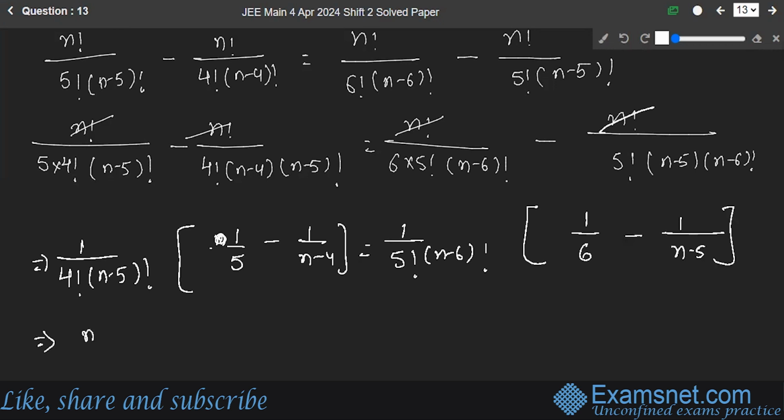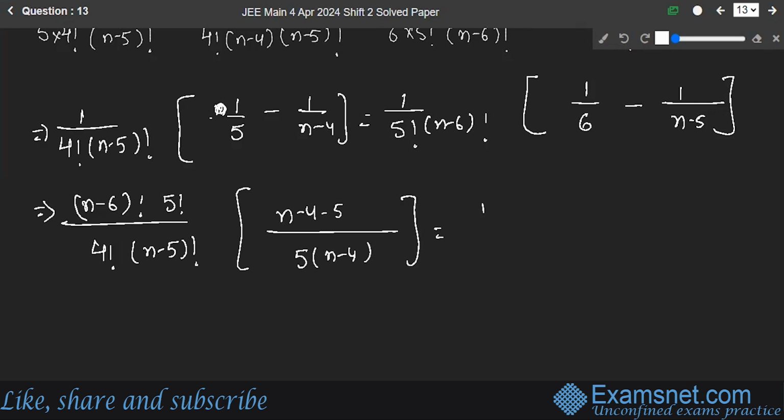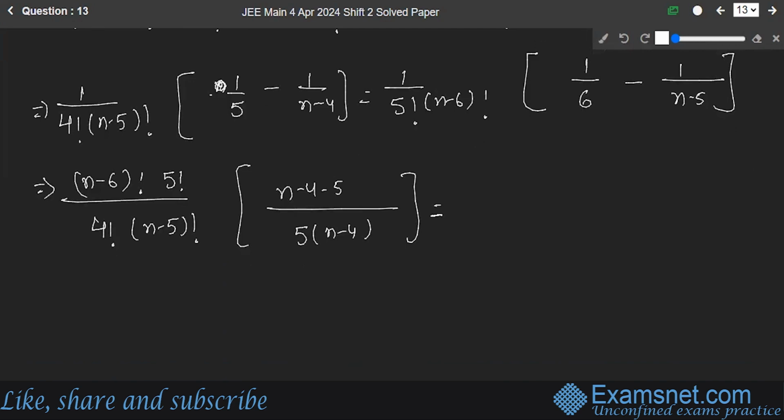So further, this is n minus 6 factorial upon 5 factorial upon 4 factorial into n minus 5 factorial. This is 5 into n minus 4, n minus 4 minus 5. This is equal to 1. I have just taken it on the left hand side, so I will not write it now. And this is 1 upon 6 into this, and here will be n minus 5 minus 6. Correct.